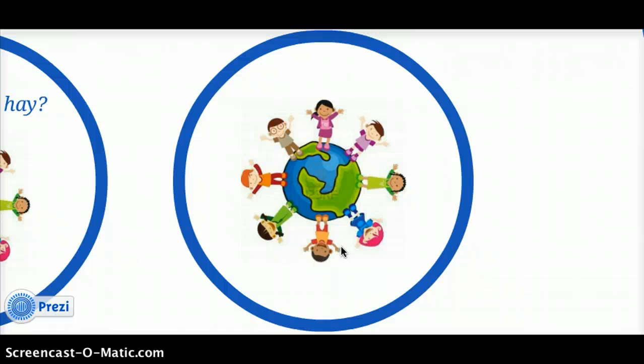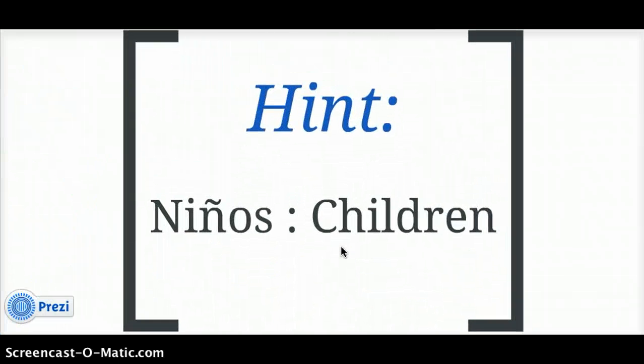Now, we have a group of kids here. I want to ask how many kids there are in the picture. So, how do you say how many children is there? Now, the hint here is that children is niños in Spanish. We learned this a couple weeks ago in our books. So, if you know what niños is, and you want to know how many children there are, how do you ask this?